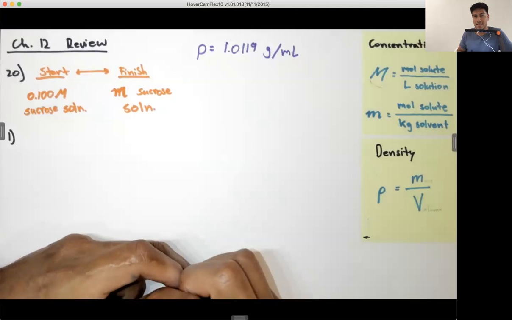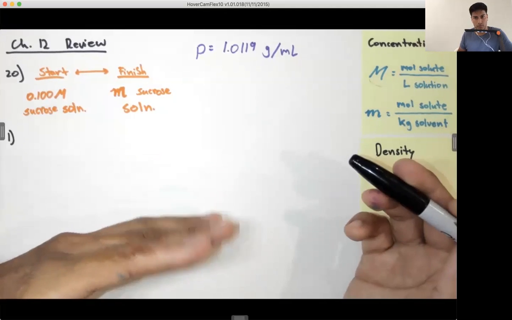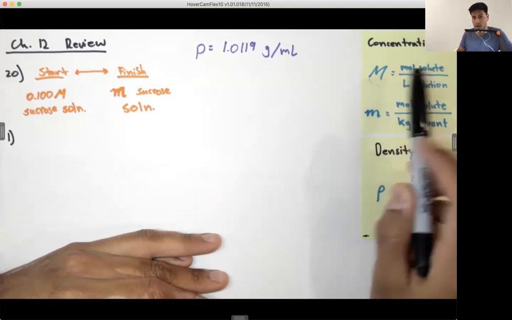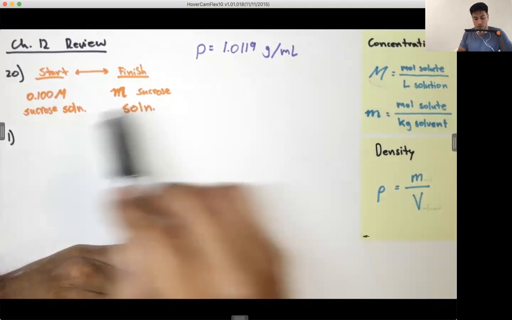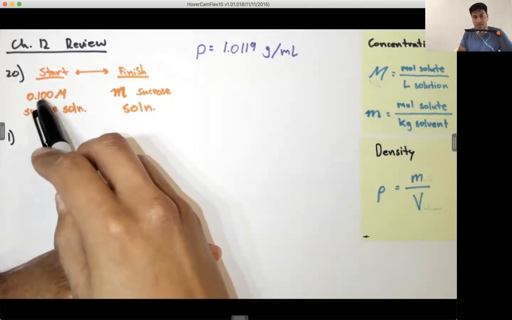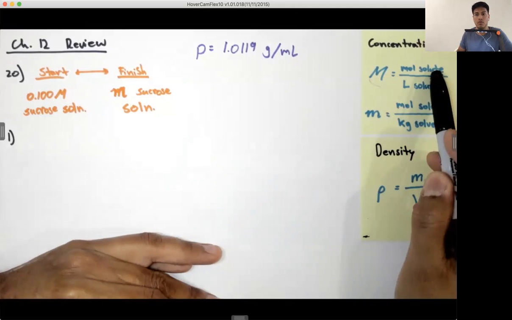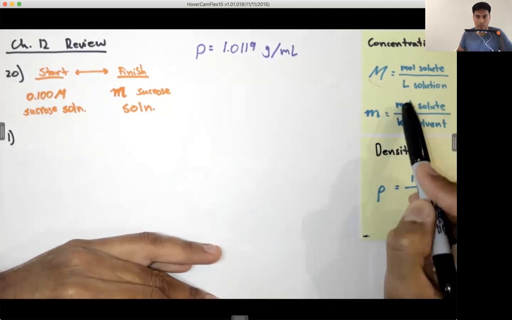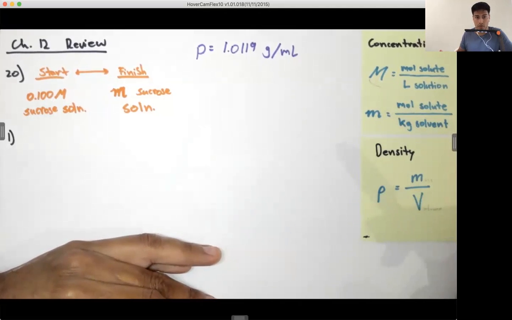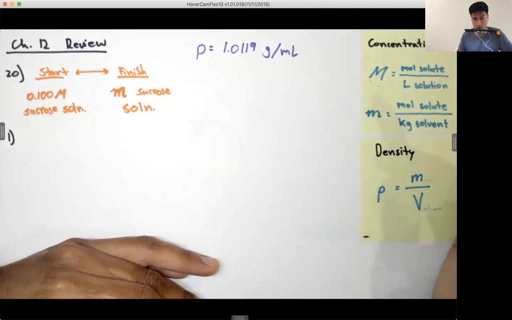So do we have anything that could be applied to molality? No. We don't directly, but indirectly we do, okay? Because in molarity, we have moles of solute over liter of solution, right? So this is molarity. That means that you have 0.100 moles of the solute per 1 liter of solution. So you do have moles of the solute. For a liter of solution, you're going to have 0.100 moles of the solute, okay?